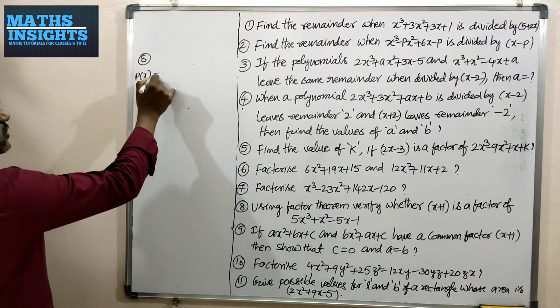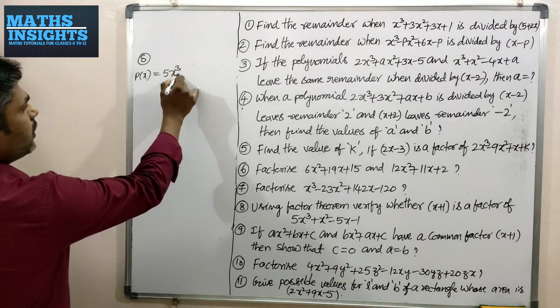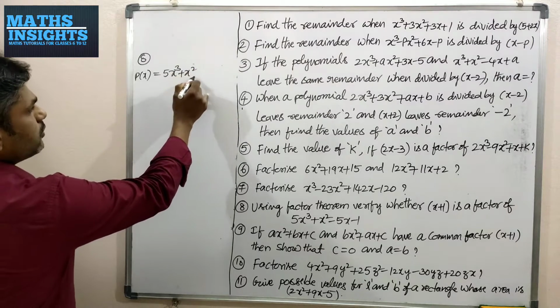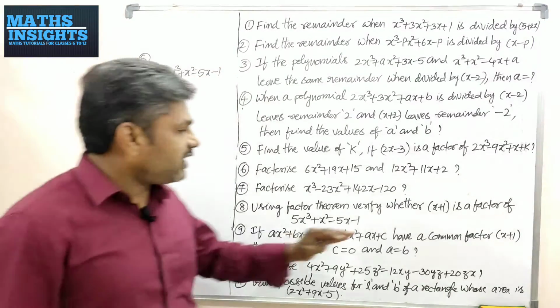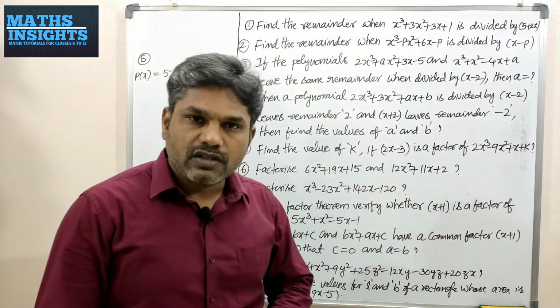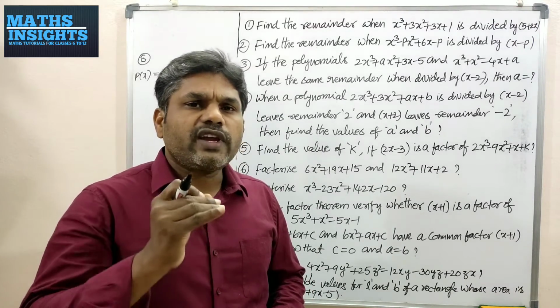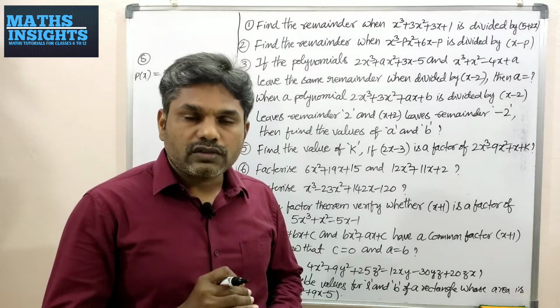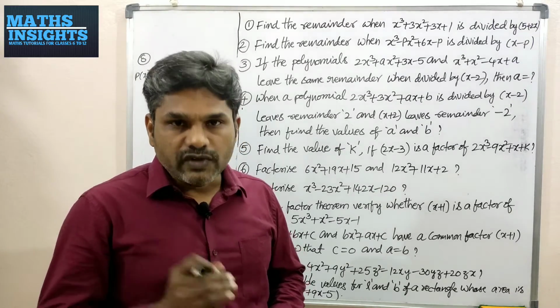P of x is equal to 5x cube plus x square minus 5x minus 1. You have to verify whether x plus 1 is a factor or not. When will a divisor become a factor? When you get remainder 0, then that divisor will become a factor of the dividend.